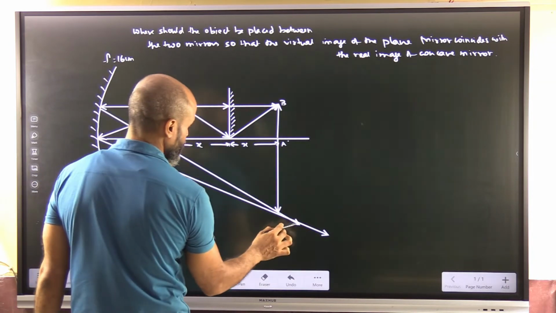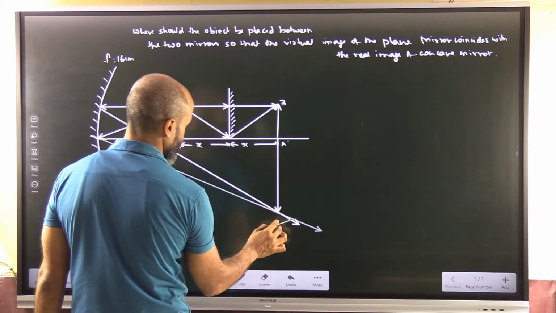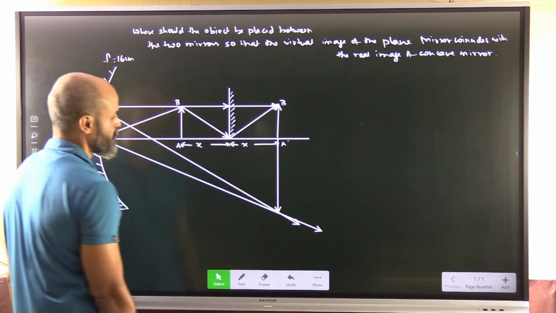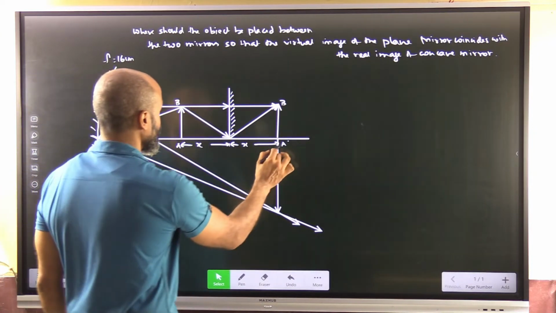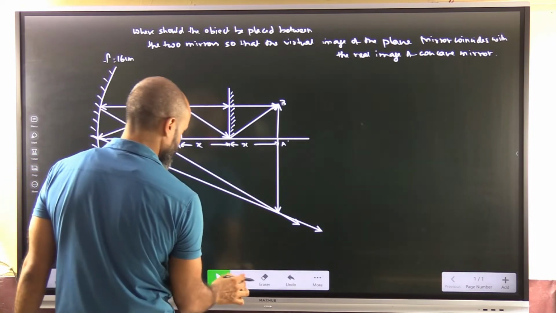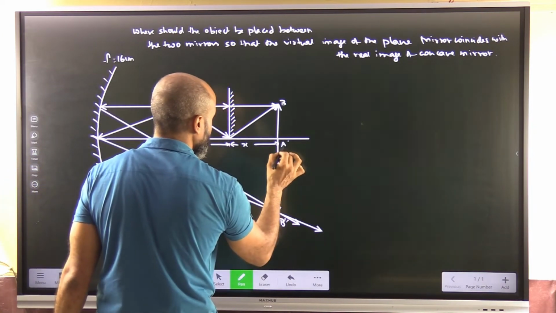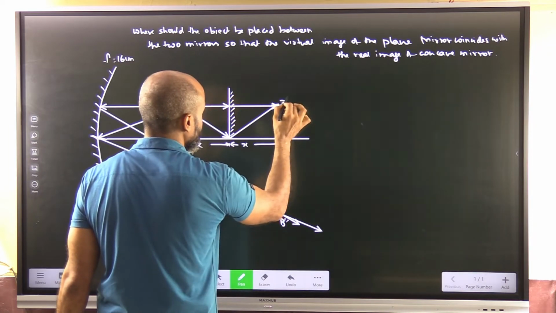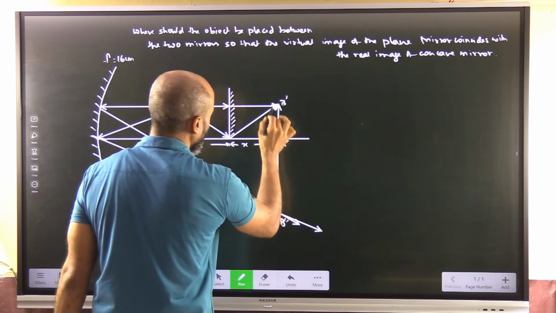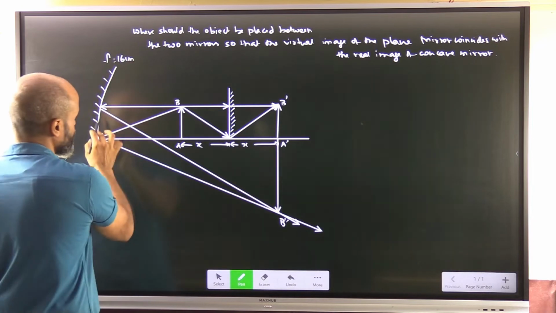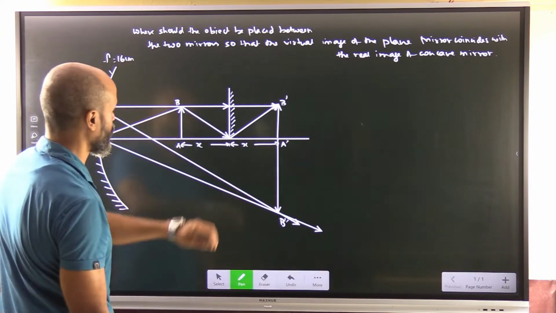So let me make some adjustments here. Obviously we are not always accurate. Okay, so this is how the image is getting formed. Let me name this as A''B''. So this is A'B', the image formed by the plane mirror, and this is A''B'', the image formed by the concave mirror.